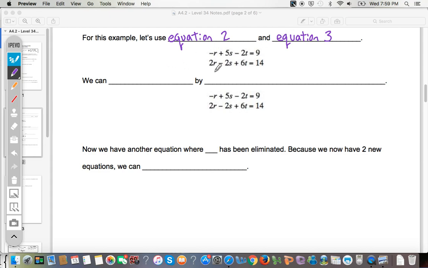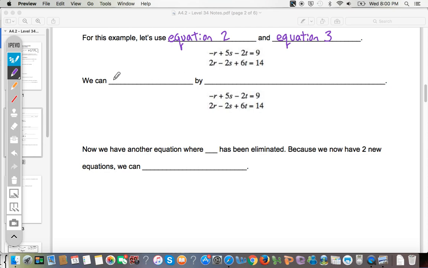Okay, so looking at this right here, we're trying to eliminate t. So we have a positive 6t down here and a negative 2t up here. So we can multiply this negative 2t by something to get to negative 6t. And if we had negative 6t, it would cancel out with this positive 6t.